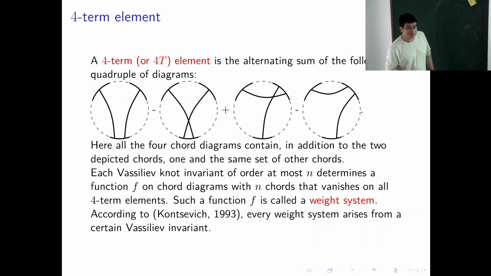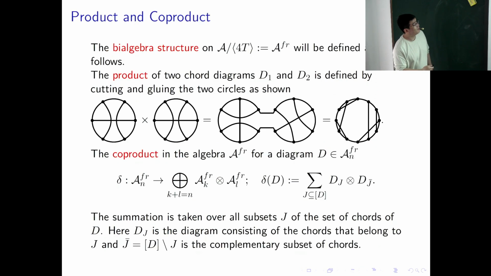Then there's a bialgebra structure on chord diagrams. The product cuts one chord diagram anywhere, cuts another chord diagram anywhere, and glues these two together. For the coproduct delta, delta D is the summation of D_J tensor D_J bar, where J is a subset of the chords.